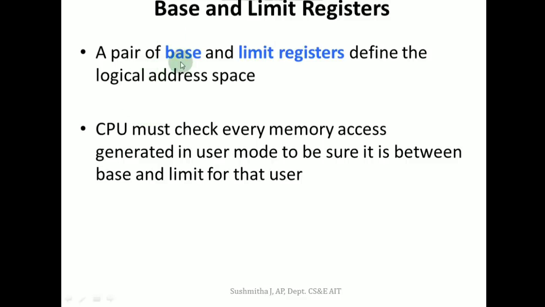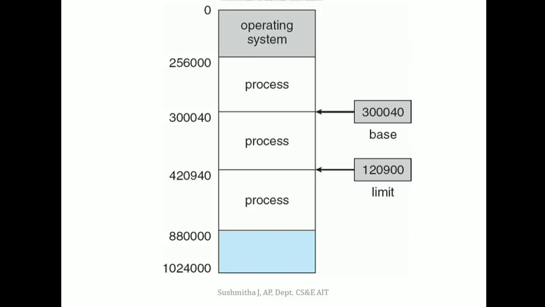We have a pair of two registers, that is the base register and the limit register. The base register holds the smallest legal physical memory address, and the limit register specifies the range of the size. Now let me show it to you with an example.